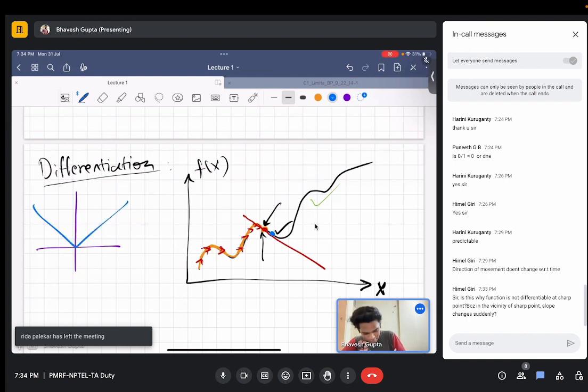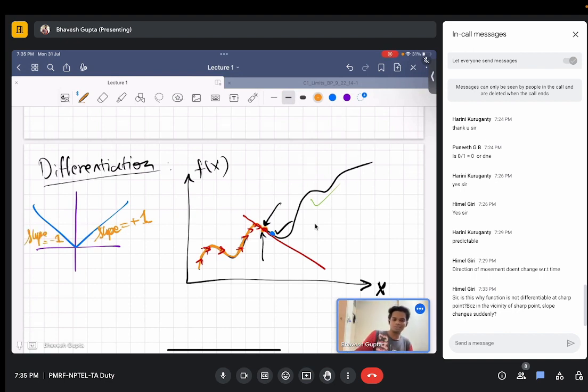You can see over here the slope. Let me use another color. Yes, the slope over here is +1, but over here the slope is actually -1. So just left you have a different slope, just right you have a different slope.